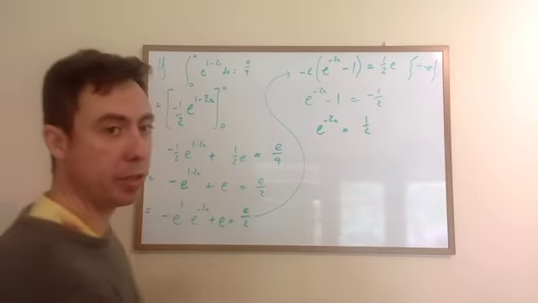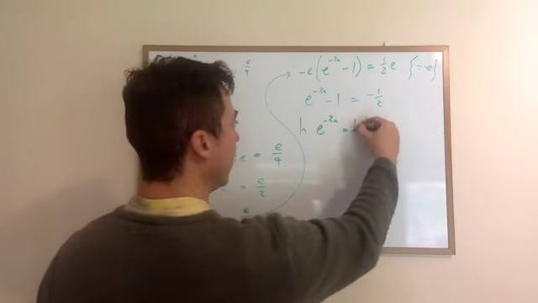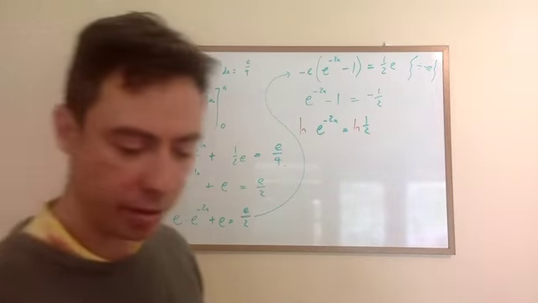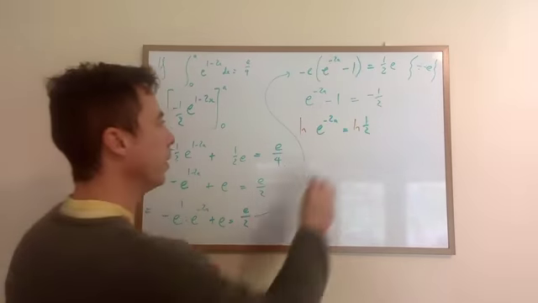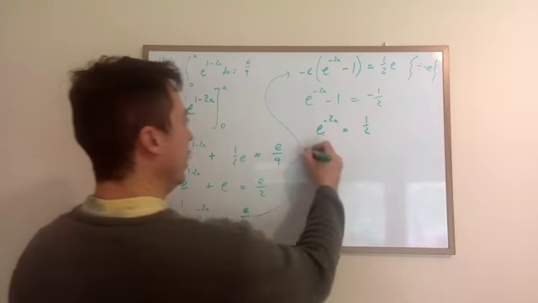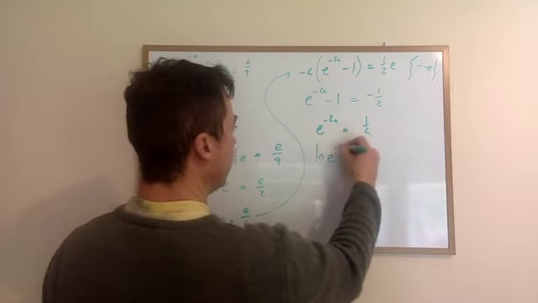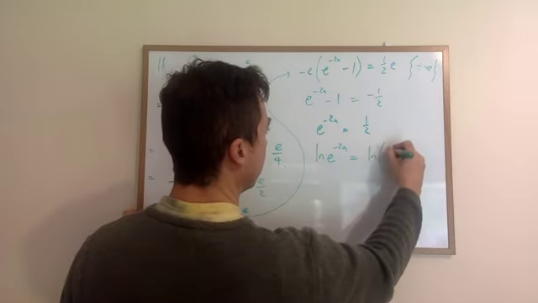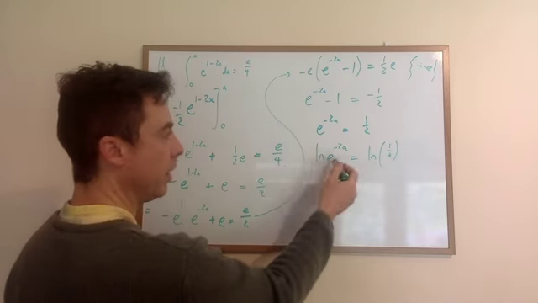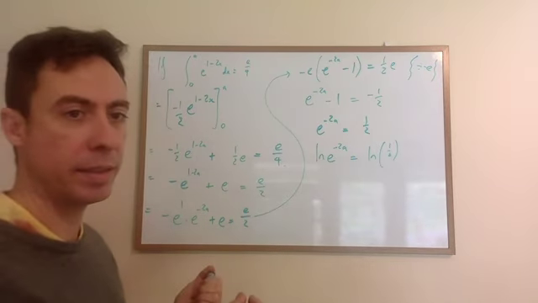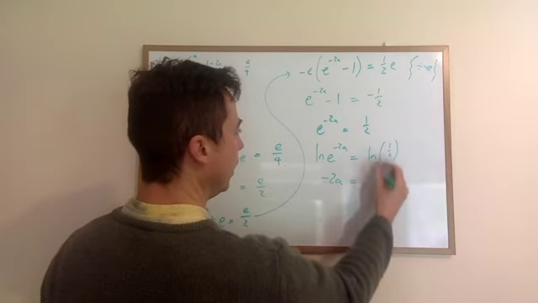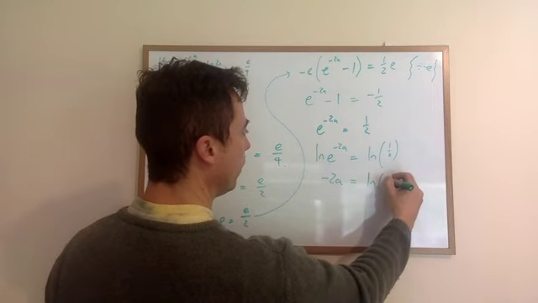So if we use the natural log, we bring in log there, we bring in log here. You'll know something's gone wrong if you're trying to log a negative number, because you can't do that. So our next line of work would be logging both sides, and the natural logarithm is the inverse of e to the x, so this will just leave us with minus 2a equals, now this is log of 2 to the minus 1.